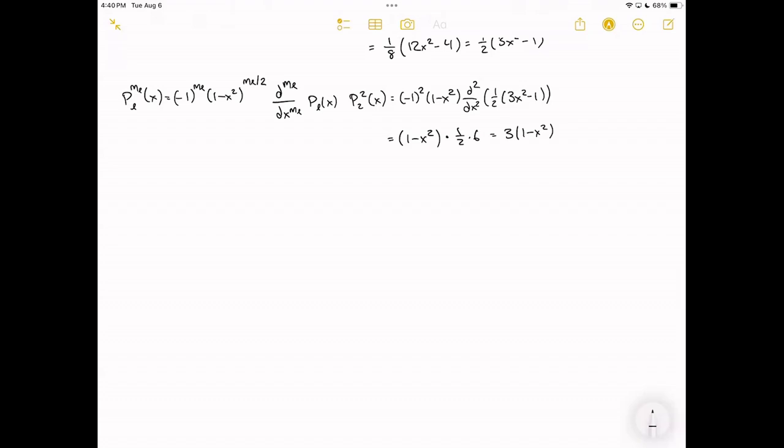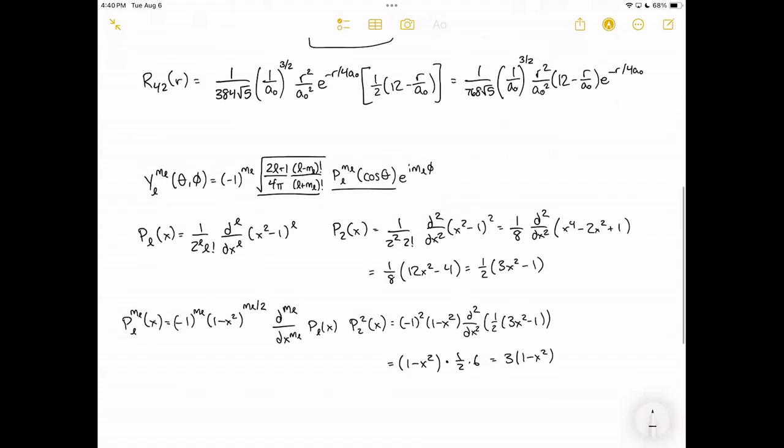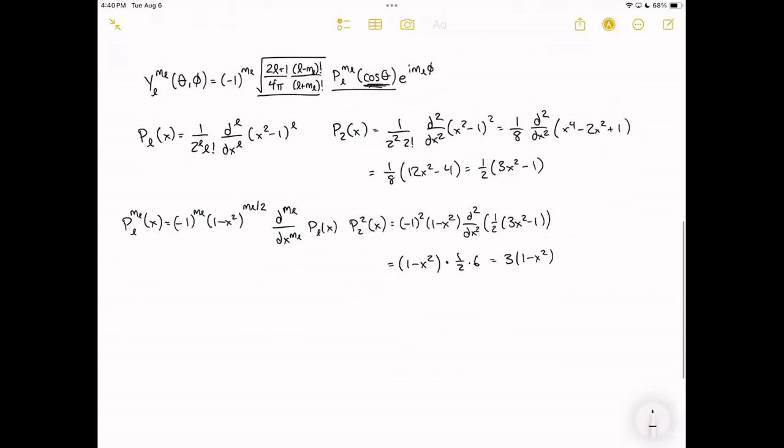And remember, we're not taking polynomials of x, we're taking polynomials of cosine theta. So if I want that polynomial, not in terms of x, but of cosine theta, I simply plug in cosine theta for x. So I have 3 times 1 minus cosine squared theta. And if you remember your trig identities, you will know that 1 minus cosine squared theta is sine squared theta. So this is how we get our associated Legendre polynomials. And then the rest is just simply plugging and chugging.